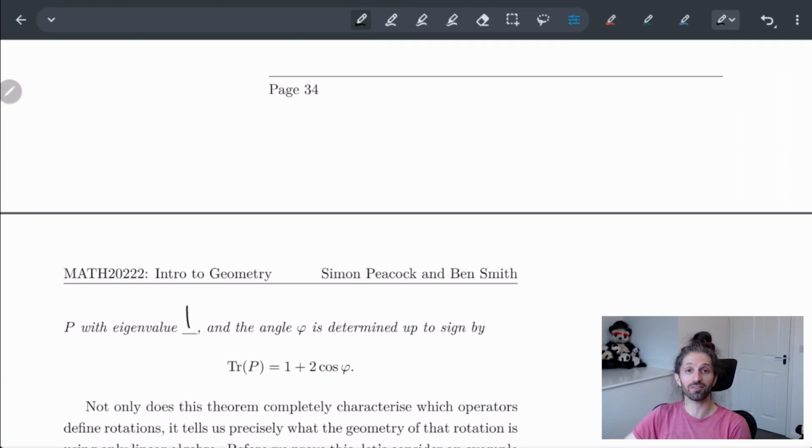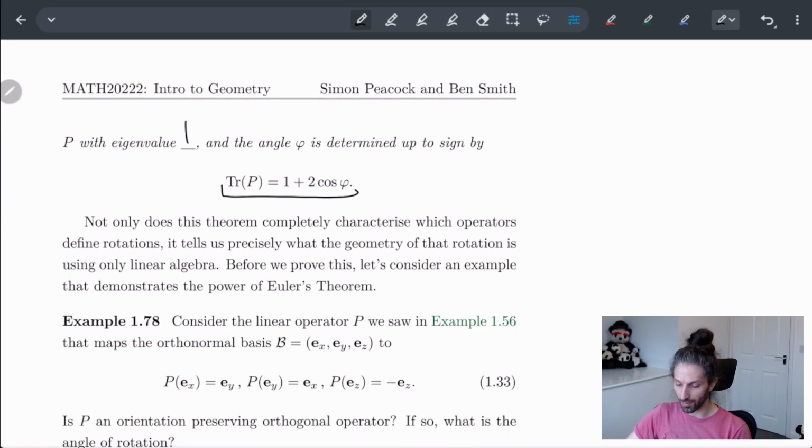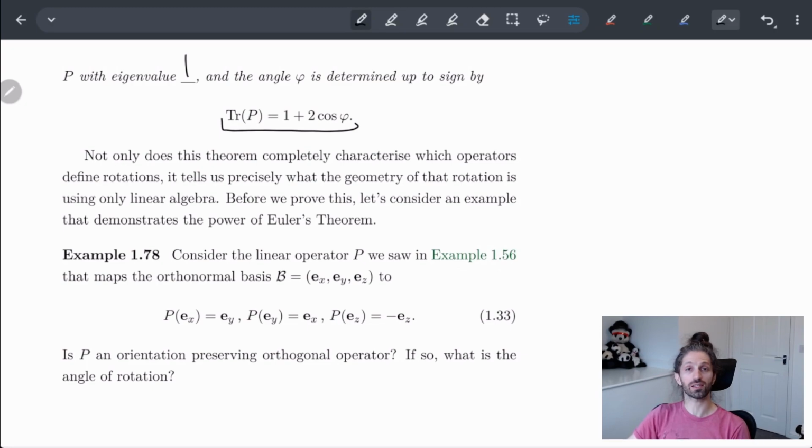So the eigenvector whose eigenvalue is 1 is precisely this axis. And moreover, phi is determined up to sign using the trace of the linear operator. So it gives us a lot of information: once we have the trace of the linear operator and its eigenvector, we know the axis and we know by how many degrees it rotated, but we might not know which direction it rotated.